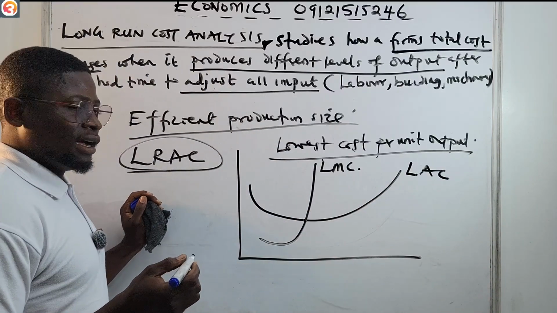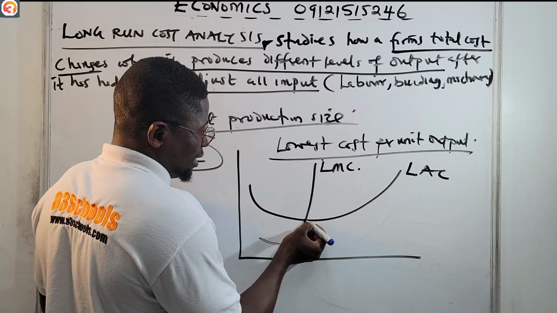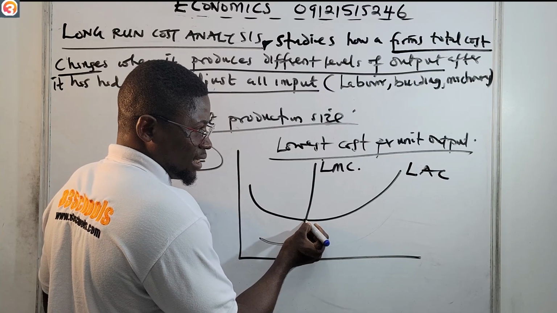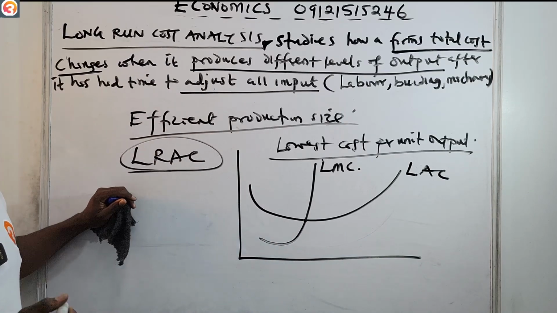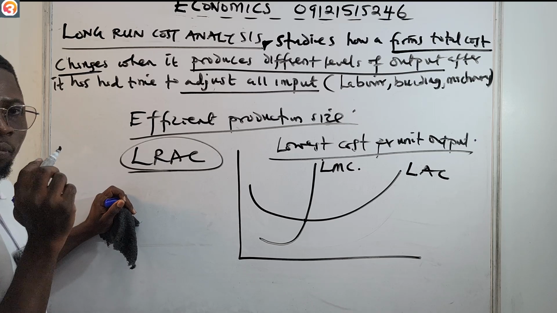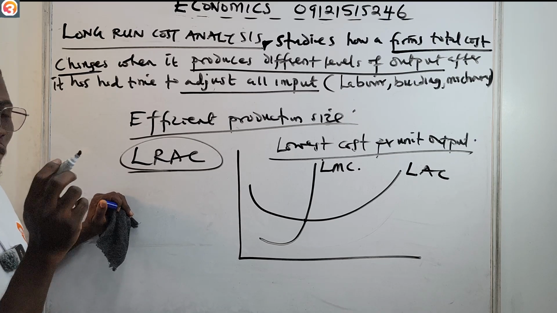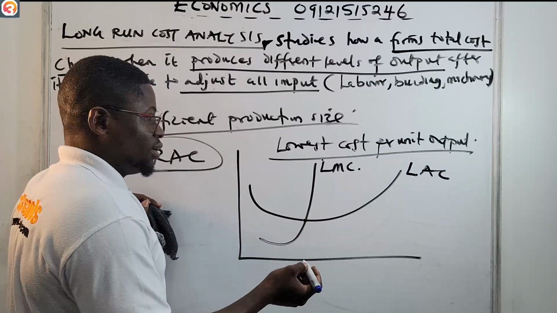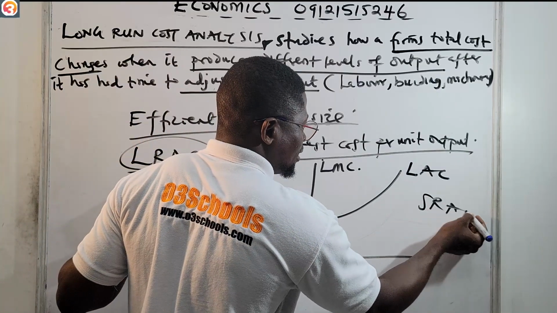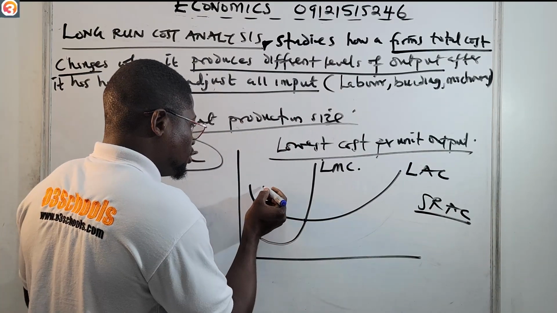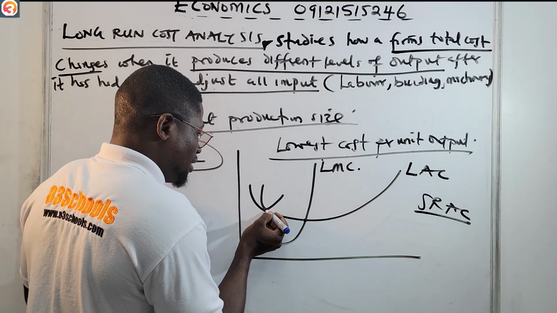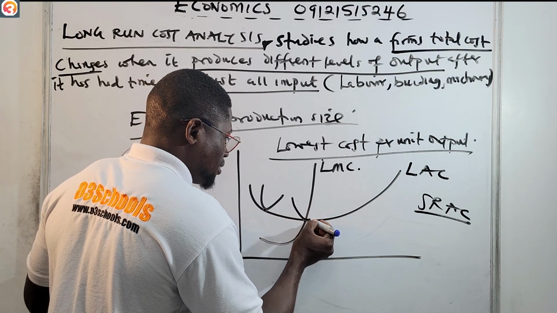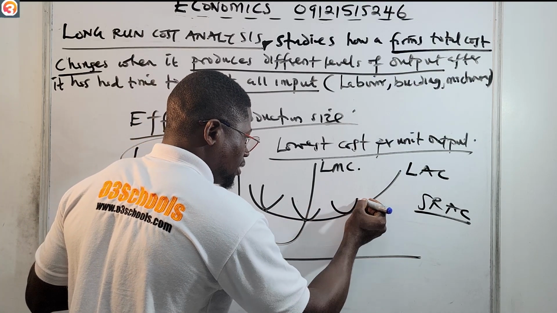As you can observe, the long run marginal cost curve cuts the long run average cost curve at its minimum point, and we get this long run average cost curve from many short run average cost curves, many SRACs.